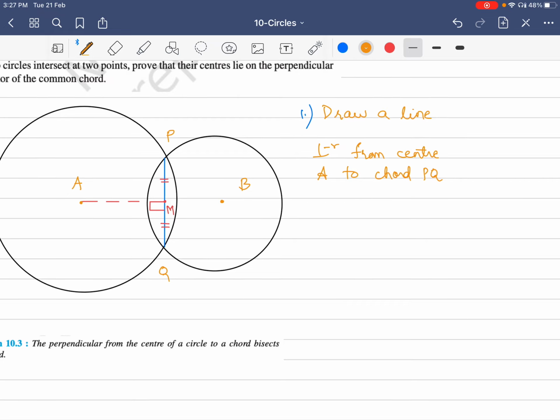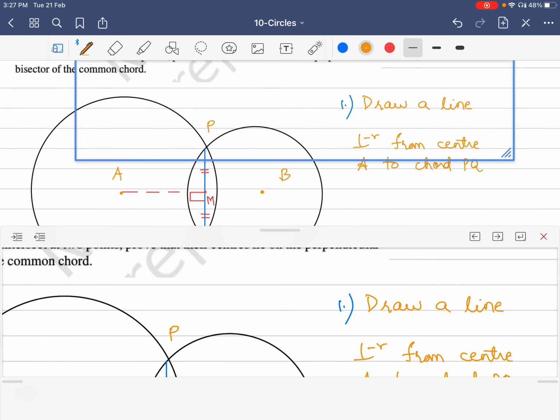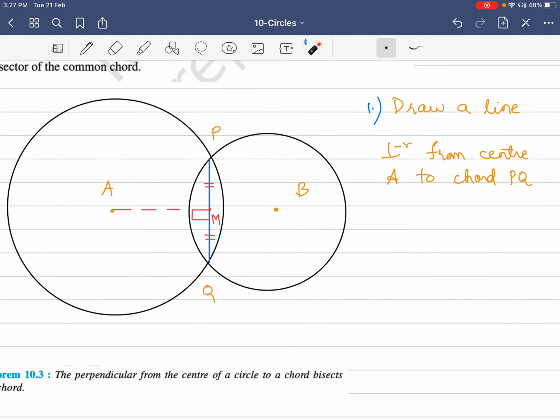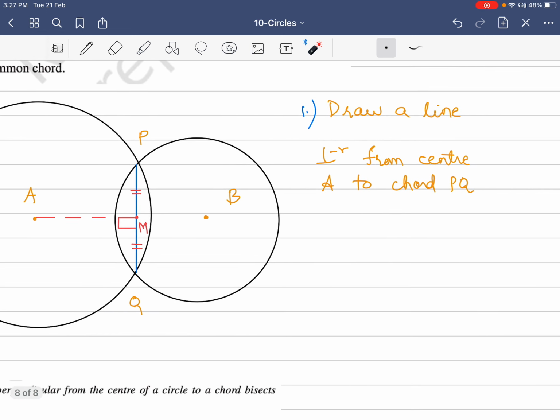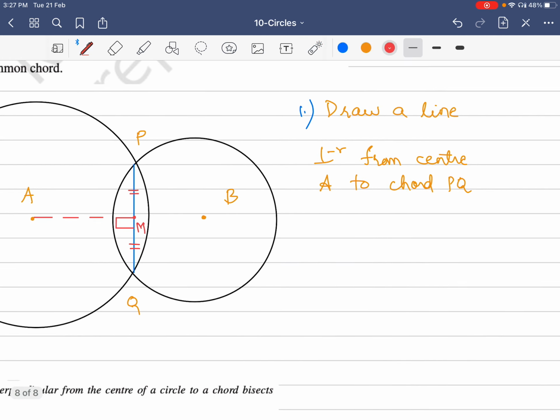So thus we can say, point number 2: thus, AM is the perpendicular bisector of chord PQ.